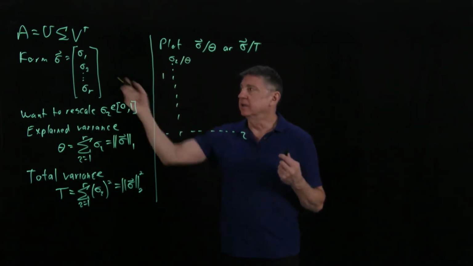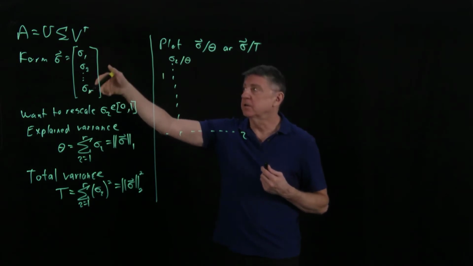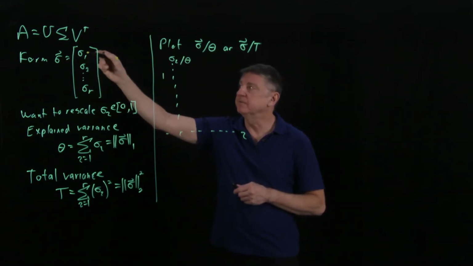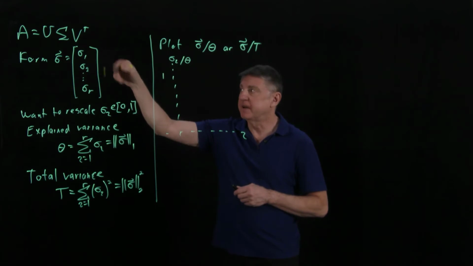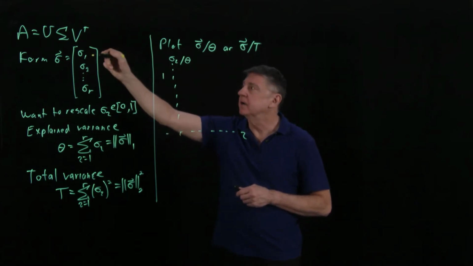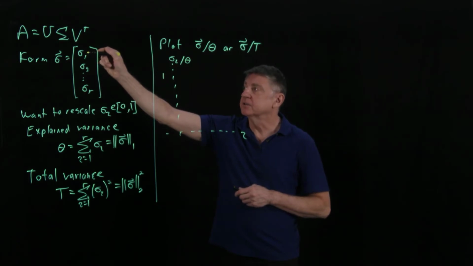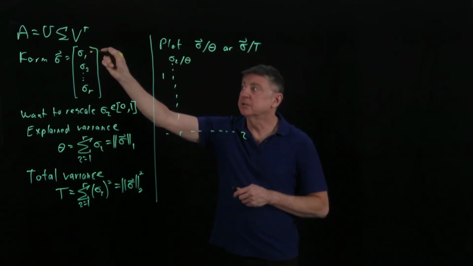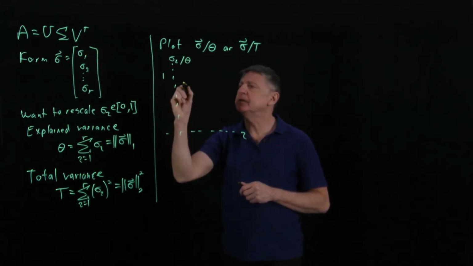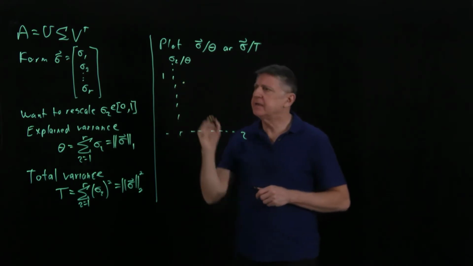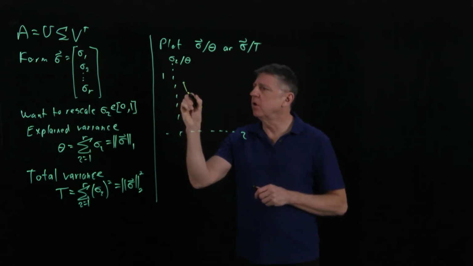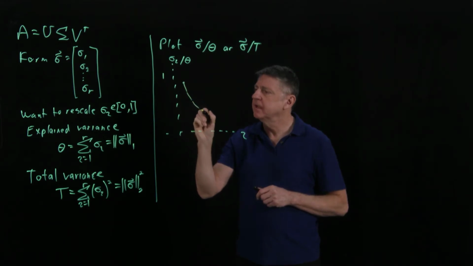And unless this is a rank 1 approximation, we know that when we divide this by all the numbers in there, so we're using theta, that that is certainly greater than 0, and it's certainly less than 1, so it'll be some value here. And as we do this, what we'll often see is a picture like this.